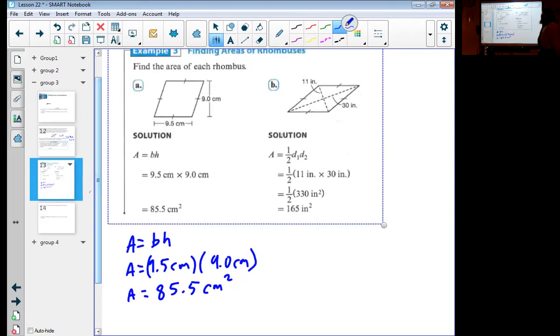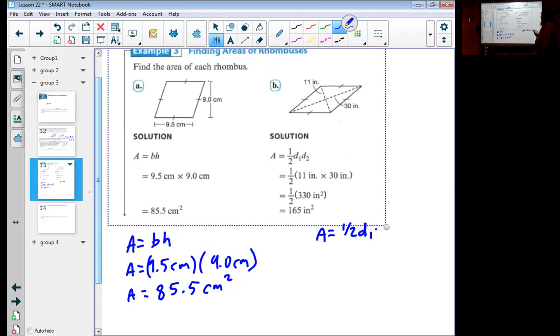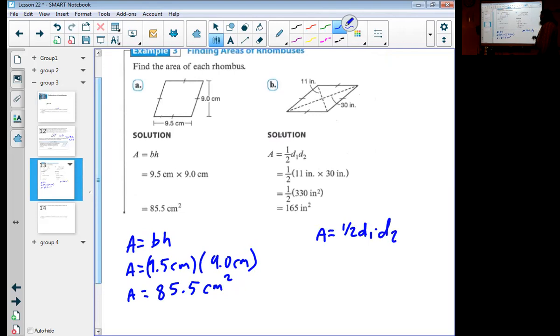Over here, we have a diagonal 1 of 11, diagonal 2 of 30. So here we're using area is equal to 1/2 D1 times D2.